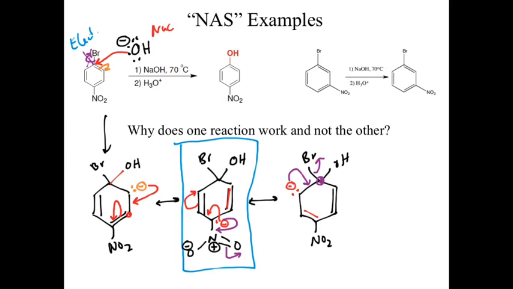So we may have lost aromaticity in the course of the reaction, but the net result is that I'm now comparing Br minus as a product versus OH minus as a starting material. Bromide is a much more favorable system to have. In my equilibrium, I would expect to push towards the products.